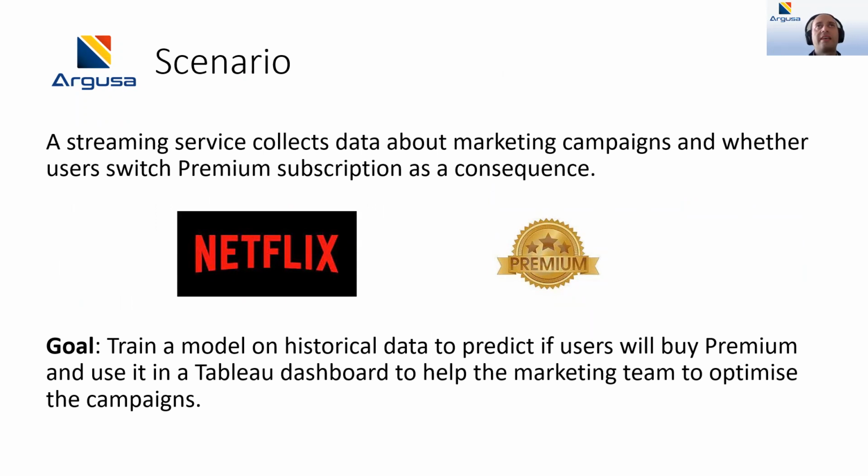They do marketing campaigns, and as a consequence of these campaigns, users can switch to premium or not. The goal for today is to train a model on historical data and then predict if users will buy premium or not, in a way that the marketing teams can use this information and these predictions to optimize the campaigns.